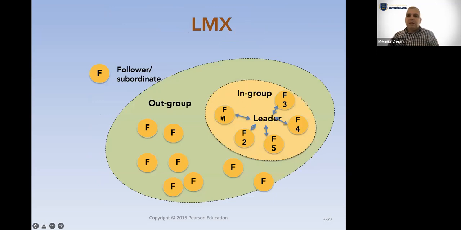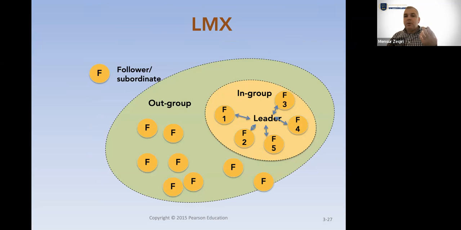So this is how that is expressed. Here we have the leader. Usually he keeps much better relationships with those employees that are part of the in-group. So he does favors for them, but he expects favors in return.